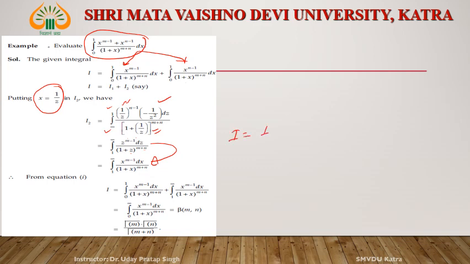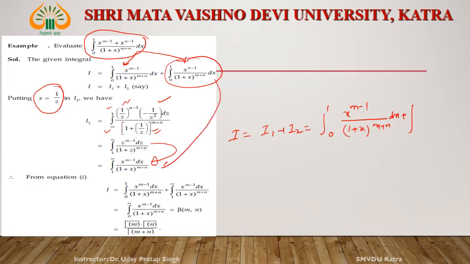Now what is I? I is equal to I1 plus I2. What is I1? I1 is 0 to 1 x to the power m minus 1 divided by 1 plus x to the power m plus n dx plus I2. I2 initially was this one, now it is converted into this form: 1 to infinity x to the power m minus 1, 1 plus x to the power m plus n dx.